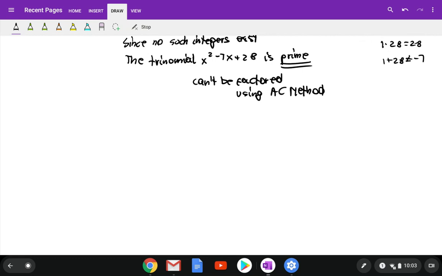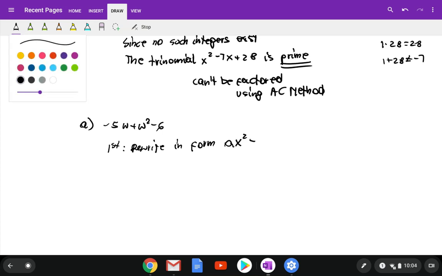Next, I'm going to solve example A, negative 5w plus w squared minus 6. This is what you need to do first. First, you need to rewrite it in the form ax squared plus bx plus c.